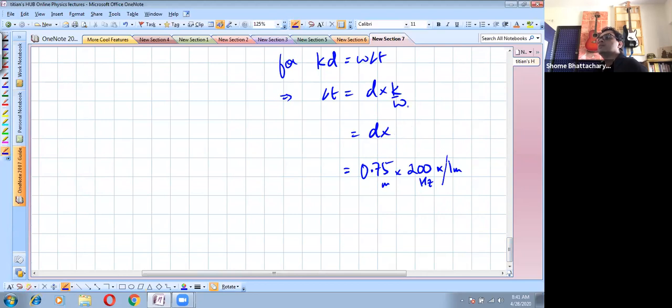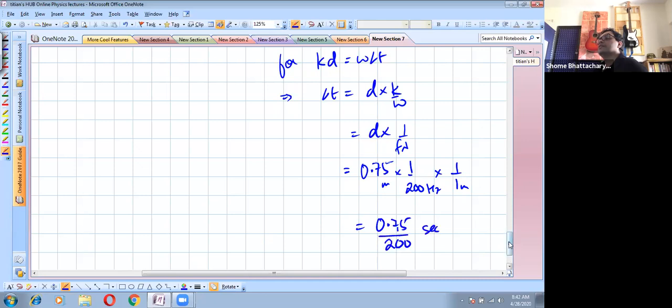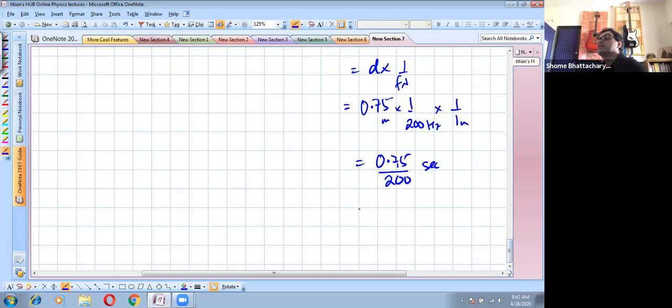K is 2 pi by lambda and omega is 2 pi f, so it should be f lambda in the denominator. So 1 upon frequency, so 0.75 by 200 seconds.